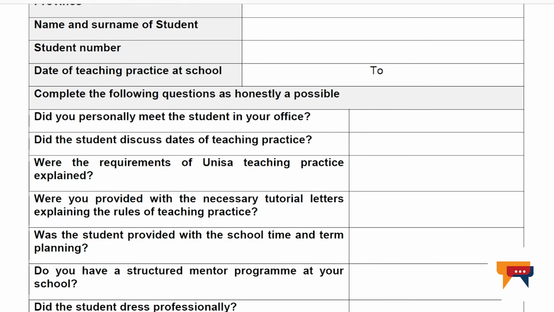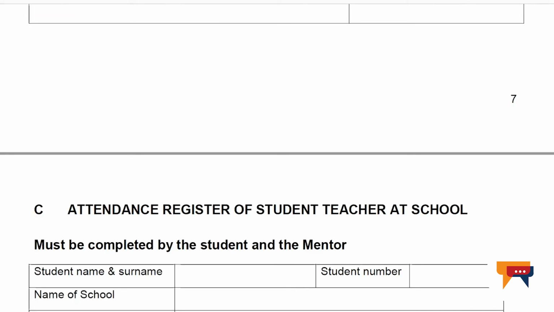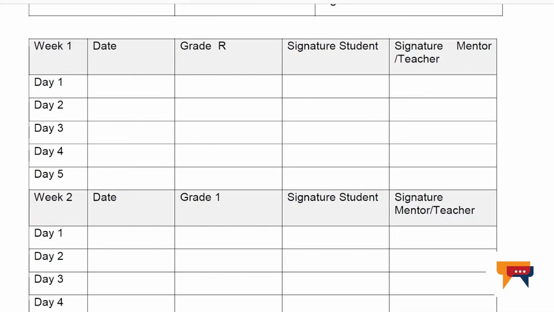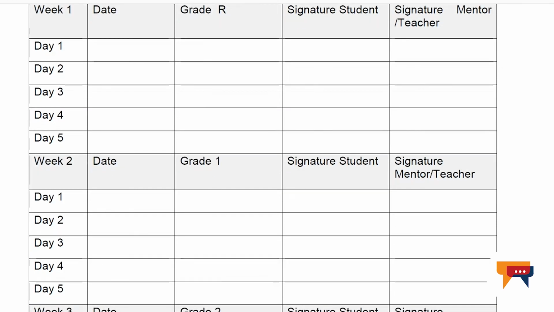Any mistake, you lose 5%. Attendance register is also 25%. Unfortunately, with the attendance register, if there is a discrepancy with the teaching practice dates, you fail this section, you get a 0.